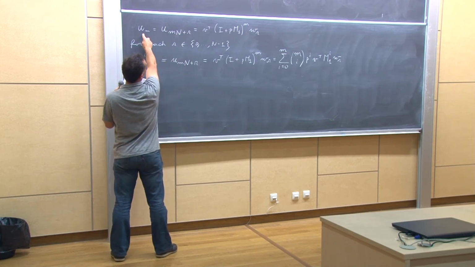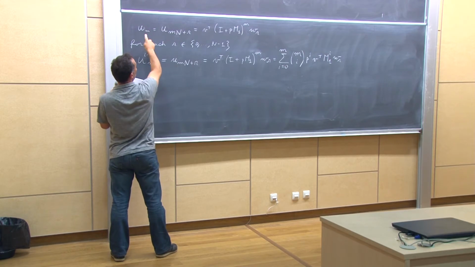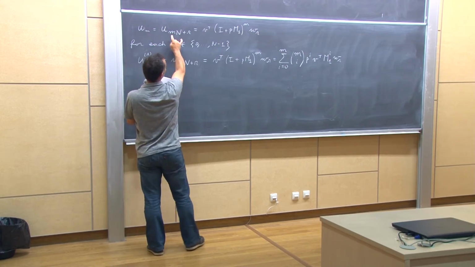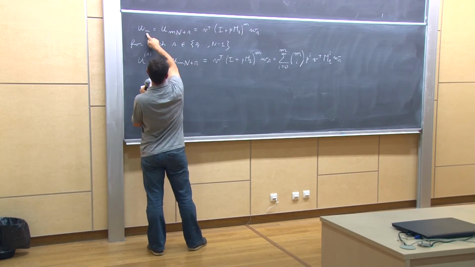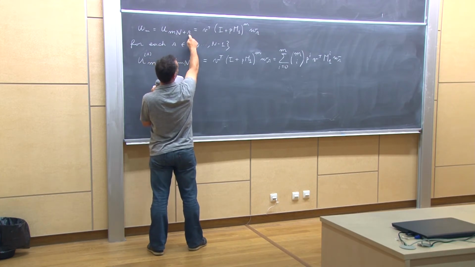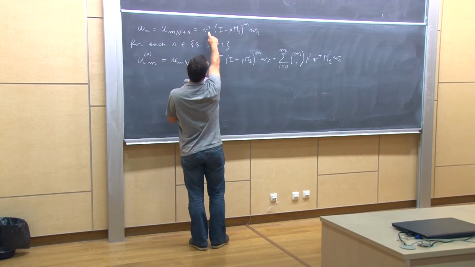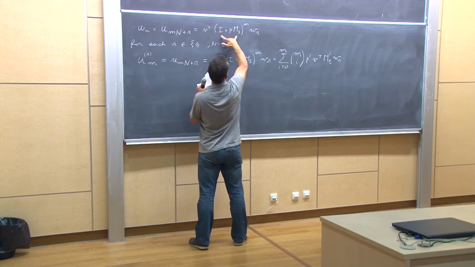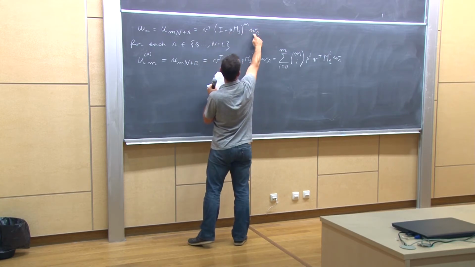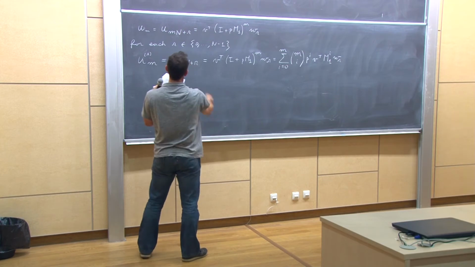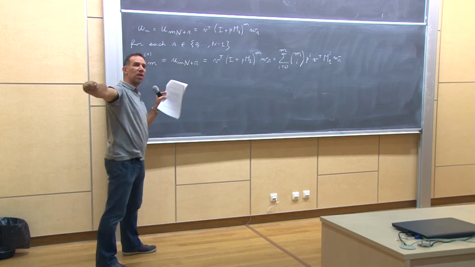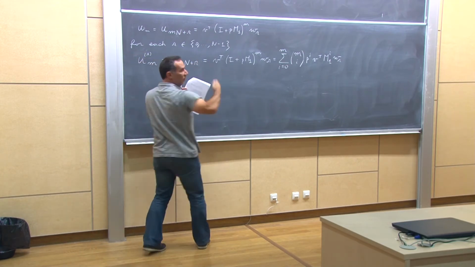So I have the expression for every n, u_n is u, so that's my n. I've factored my n as m times capital N plus r, where r is the remainder. It is V transpose times this matrix to the m times this vector w. For each r, I want to split the sequence u_n into capital N different subsequences.